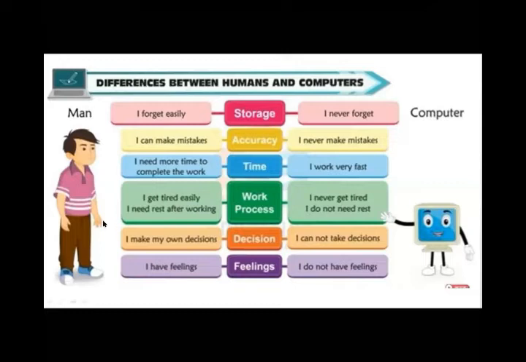The man is saying, I have feelings, and the computer says, I do not have feelings. These were the differences between human and computer. Hope you have understood. And when you compare yourself with the computer, you will feel that these differences are right, about what a human can do and what a computer can do.